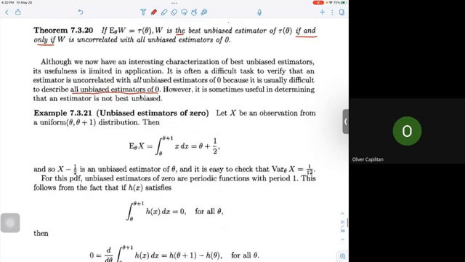Illustrating, no? Parang counterexample. Let X be an observation from the uniform theta to theta plus 1 distribution. In this case, alam natin na yung ating density niyan would be equal to 1 over theta plus 1 minus theta. So 1 lang yan.